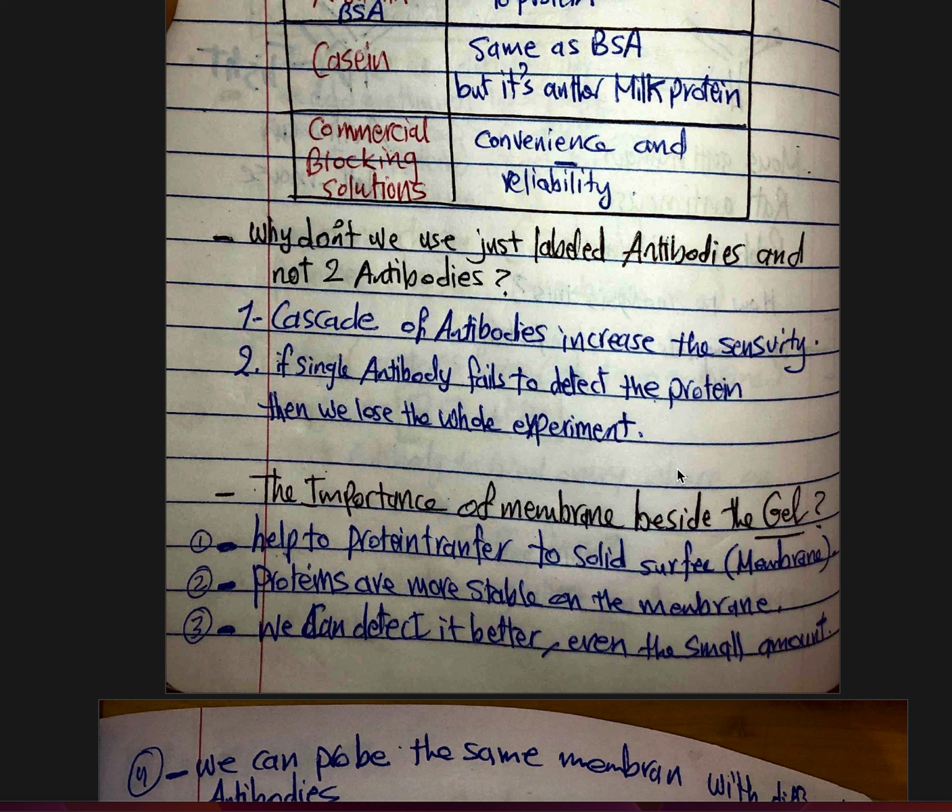If a single antibody fails to detect the protein, then the whole experiment is wrong and we lose it. So again, it's a good question that we can ask. The cascade of antibodies increases the sensitivity. The other thing is, if the single antibody fails to detect the protein, then we lose the whole experiment.